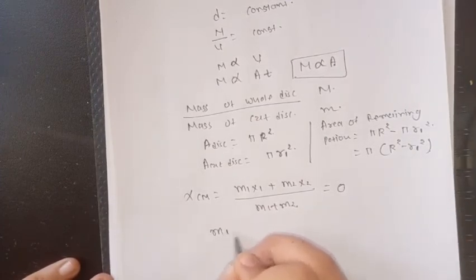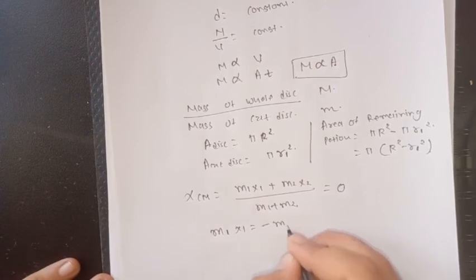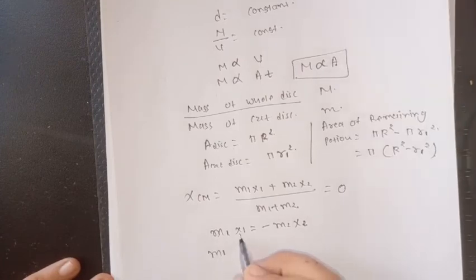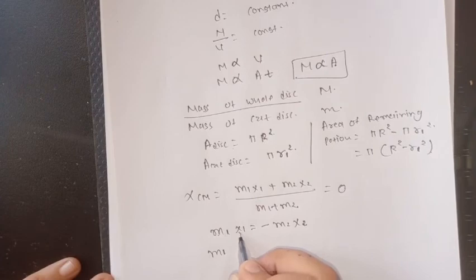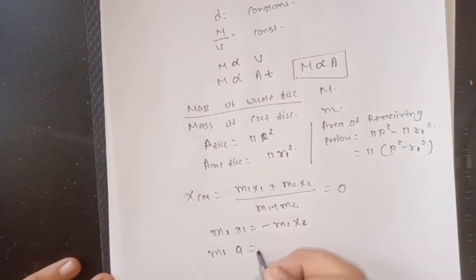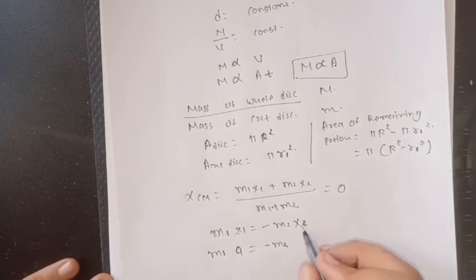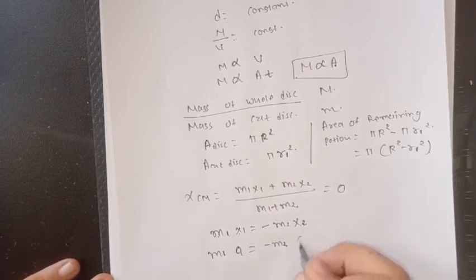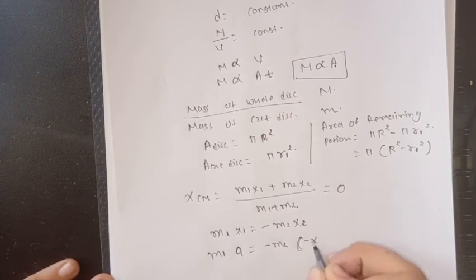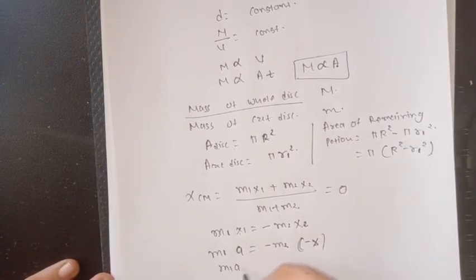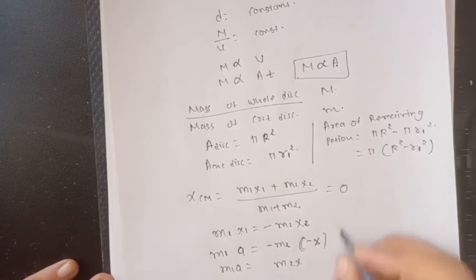So we can write m1 x1 is equal to minus m2 x2. Here m1 is the mass of cut portion, x1 is its distance from origin, that is a, is equal to minus m2, the mass of remaining portion, into x2, the distance of center of mass of remaining portion. We have assumed it to be x, but it is in negative direction, so take it as minus x. So m1 a is equal to m2 x.